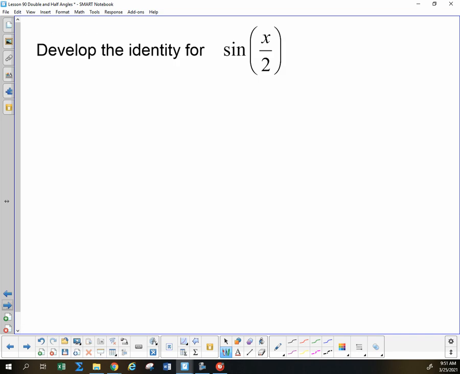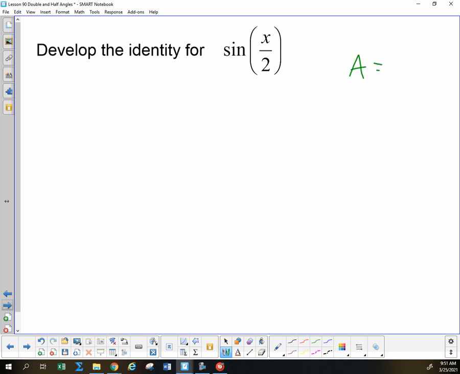So let's give these last two a try. So sine of x over 2. First thing I'm going to do is to pick some variable they did not already use. They've used x. So I can pick anything else. I'm going to pick a, since that's what I just did my formula with.